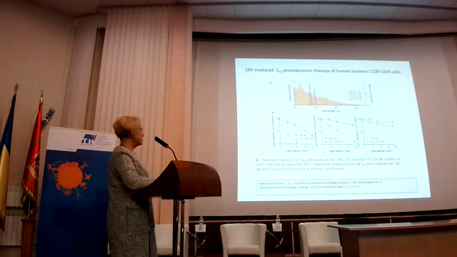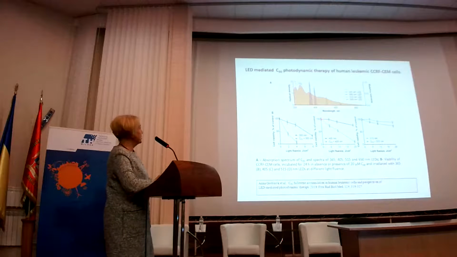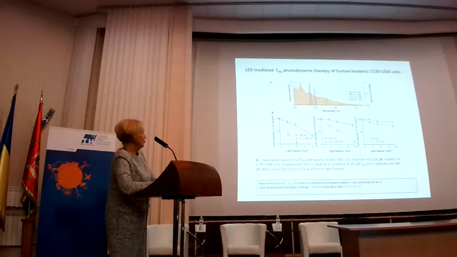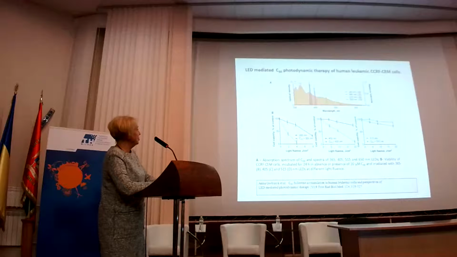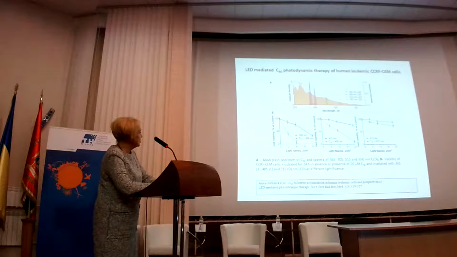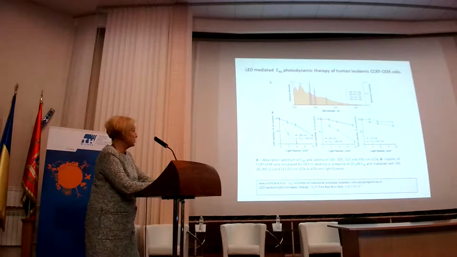What are the results? Of course, the most pronounced toxic effect after photoexcitation of fullerene was with the blue 405 nanometer diode. You can see that the cells die even at low light fluence, for example, 2%.